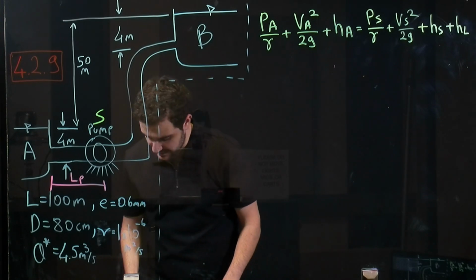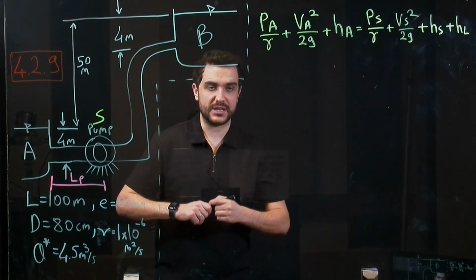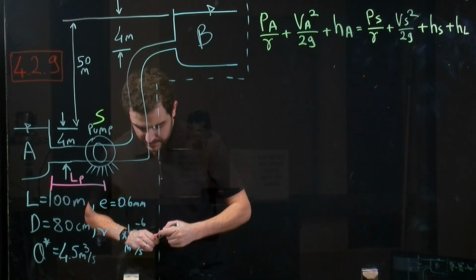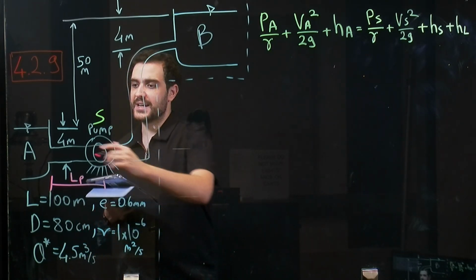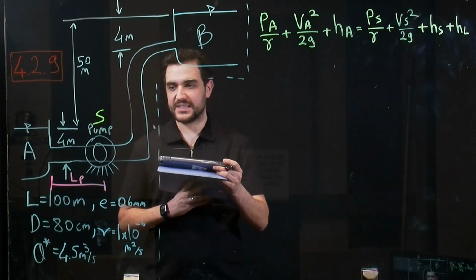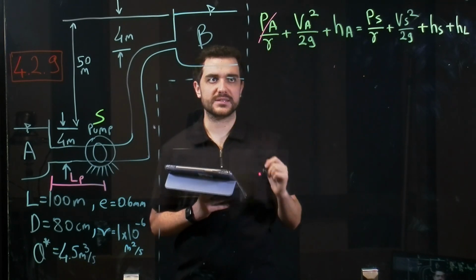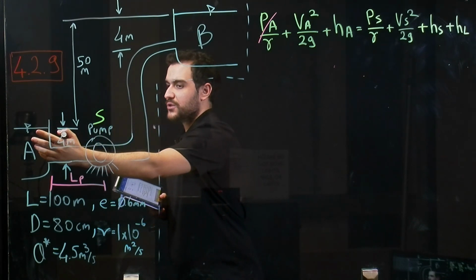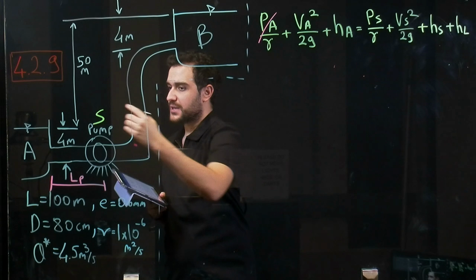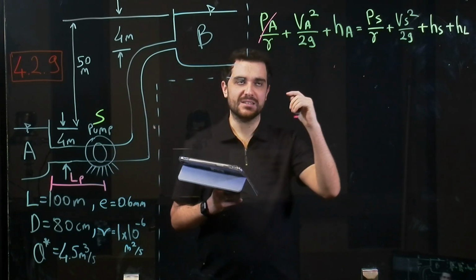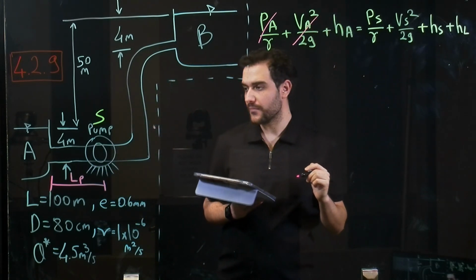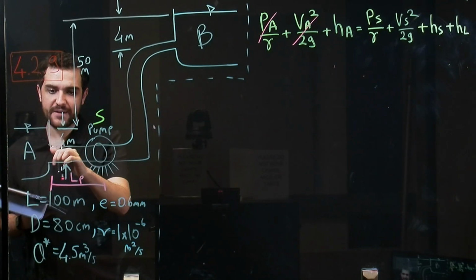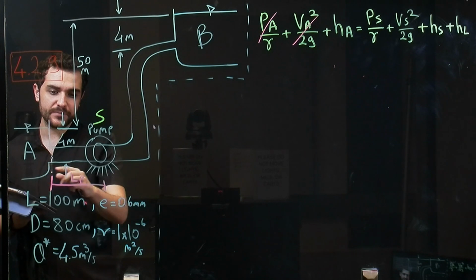So we can actually remove some values here, as we always do. So the pressure at point A is 0 because it is open to atmosphere. Similar to first question, the velocity will be 0 at this point because it is very large and there is little movement. And we have this elevation.